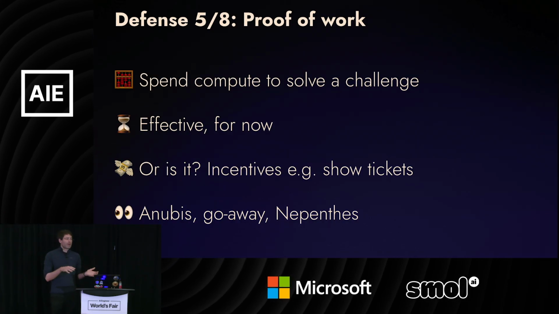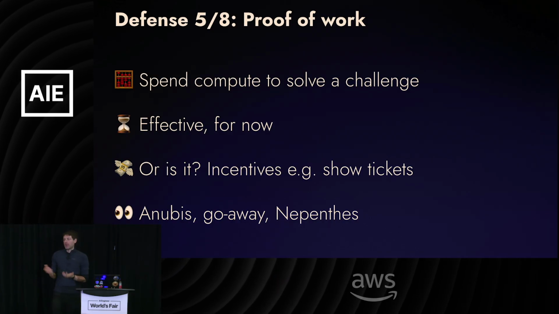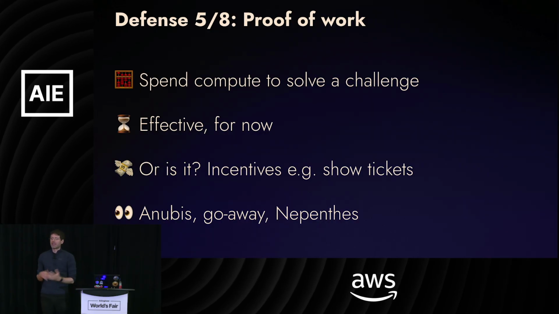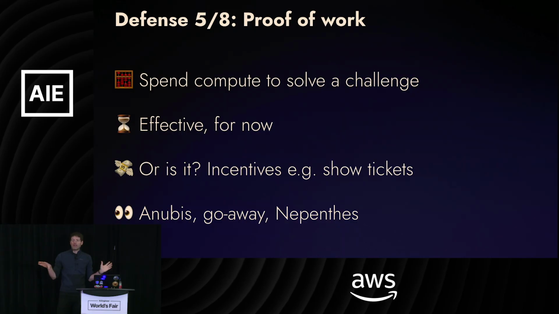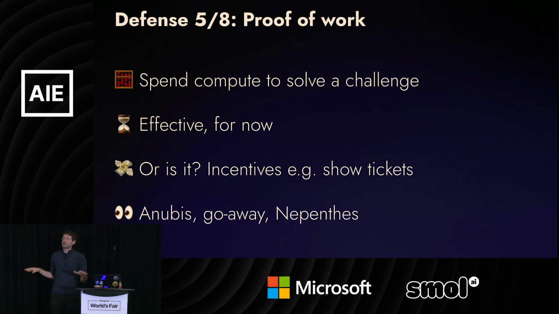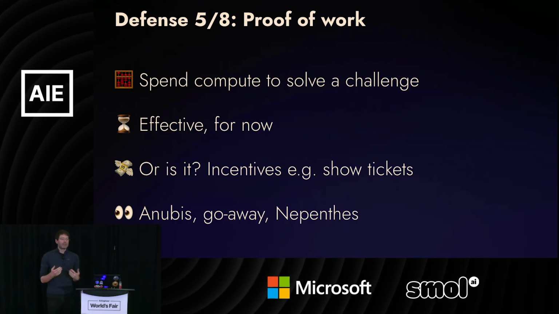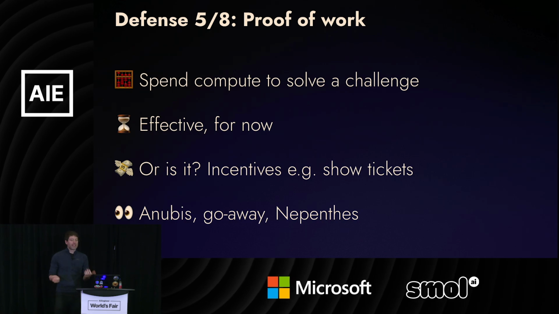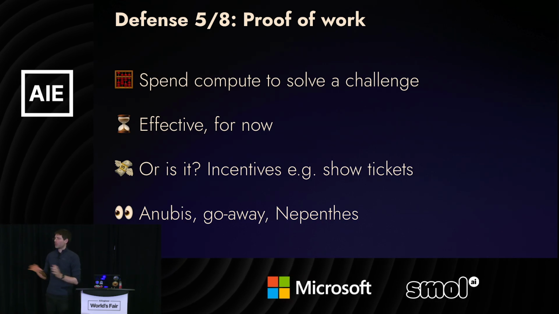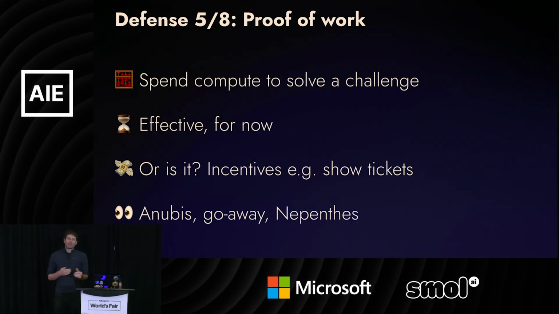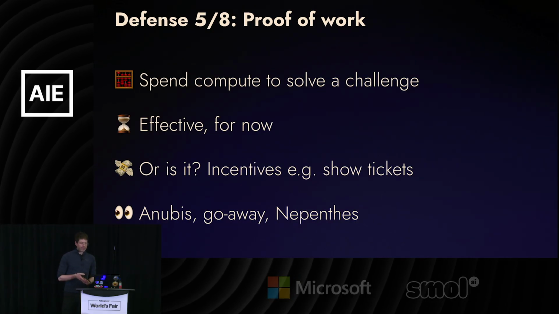And on an individual basis, on your laptop or on your phone, it might take a second or two to calculate it, and it makes no real difference to an individual. But if you have a crawler that's going to tens of thousands or millions of websites and is having to solve this puzzle every single time, it becomes very expensive to do that. And so deploying these proof of work options on your website can be a way to prevent those crawlers.